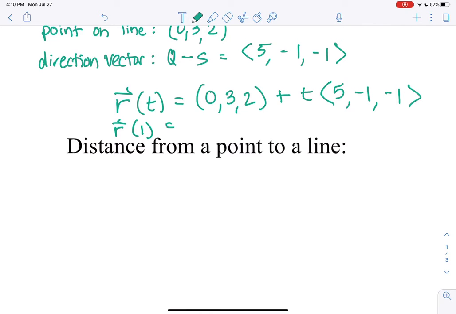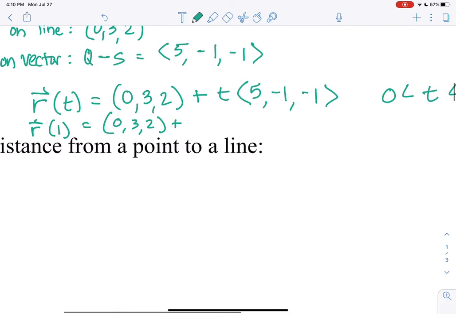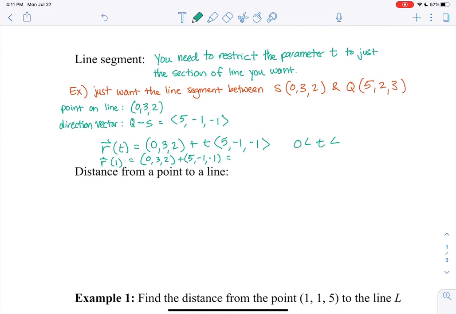0, 3, 2 plus 1 times 5 is 5. 1 times -1 is -1, -1. And then if you add those together, you'll get 5, 2, 1. Excuse me.